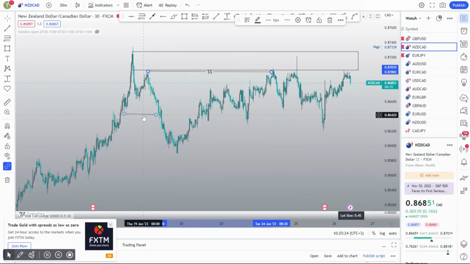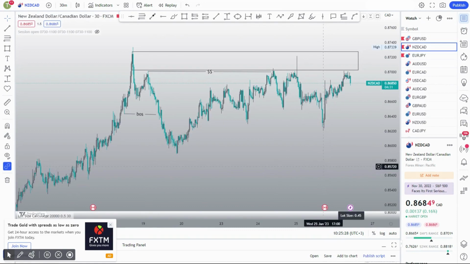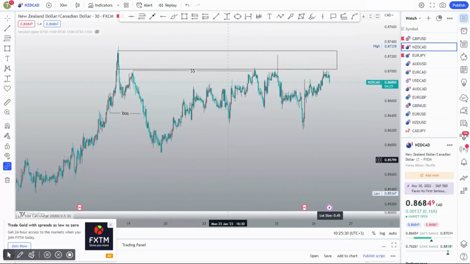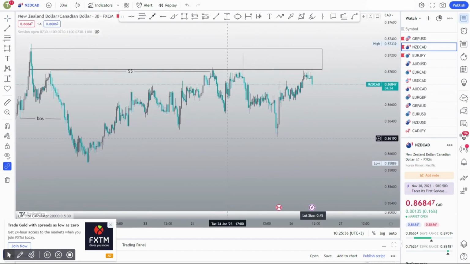So guys, there we go. Here we have a break of structure, and so we go further down, and we see here there is another break of structure. So what do we do?